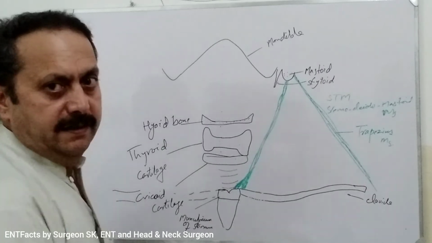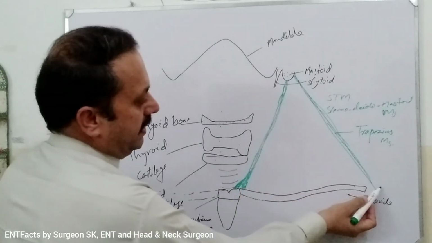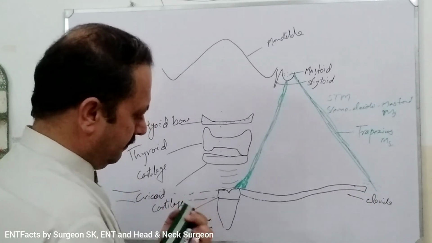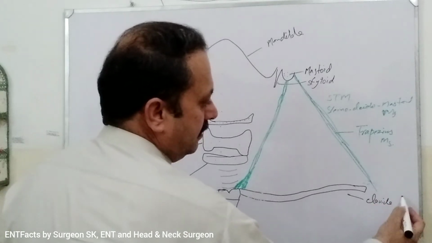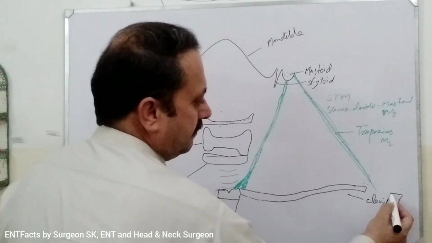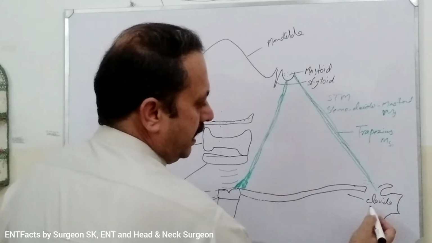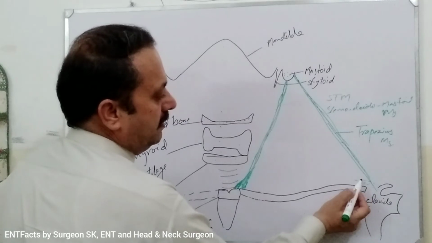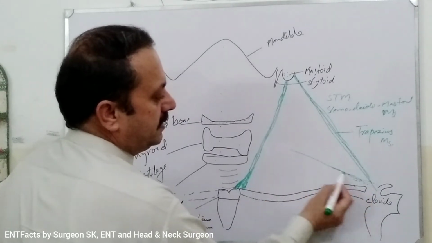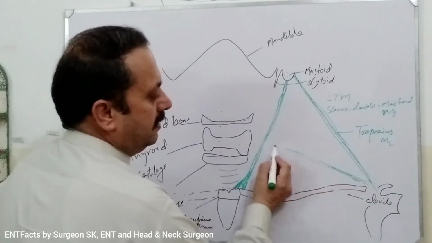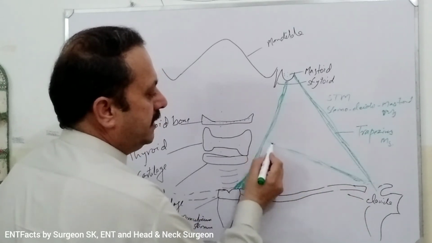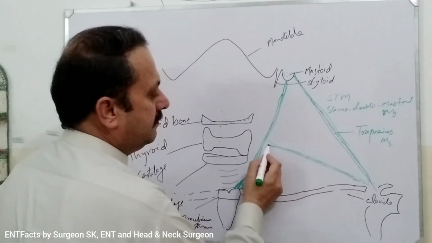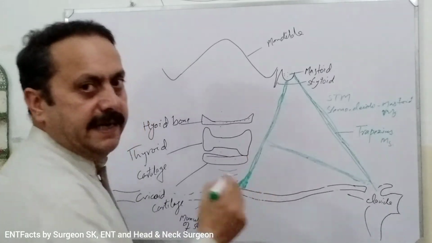This posterior triangle is further divided by a muscle which arises from the dorsum of another bone, which lies here. That is called scapula. There is a muscle which arises from this scapula and inserts here on a tendon, the intermediate tendon.